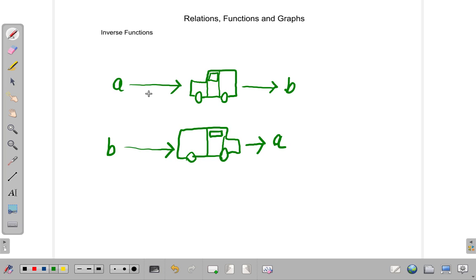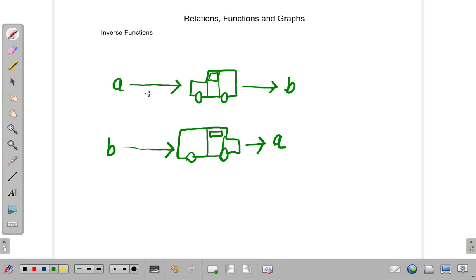That is a function. Now when you press the brakes, the mechanical energy from the brakes goes back to the motor. It acts as a generator and sends electrical energy back into the batteries. That's the inverse. So that's the inverse function there.